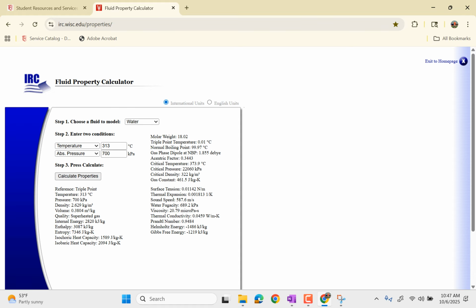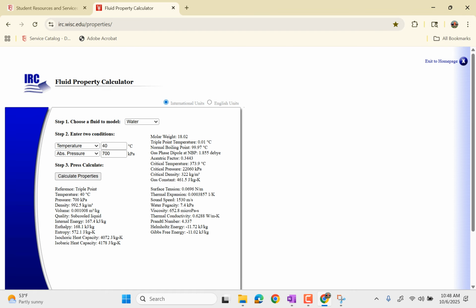That is not right. Oh, okay, thank you. I could see that wasn't right because it said that it's a superheated gas, and we want this to be a liquid.